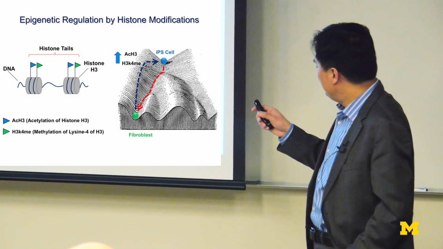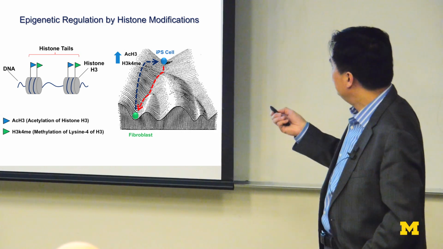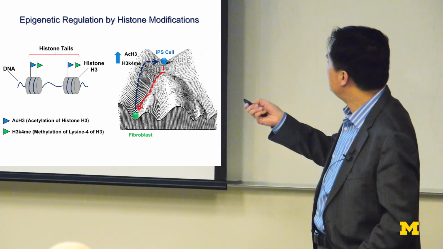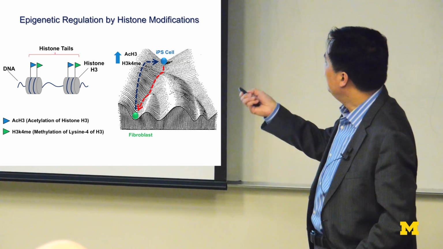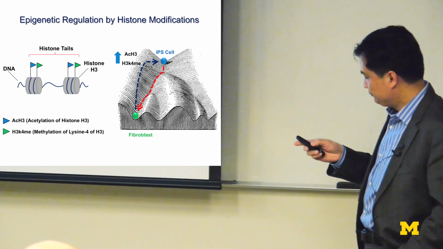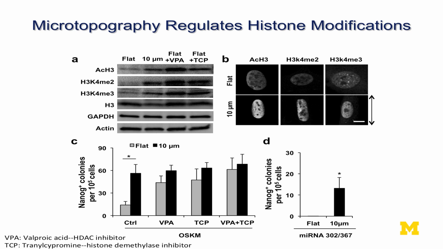So we examine whether the microgroove surface, in this case, can enhance these 2 signaling events and then regulate the epigenetic state. By using Western blotting analysis and immunostaining, indeed what we found is that here you can see the 10 micron grooves enhance the acetylation of histone and the dimethylation and trimethylation of histone 3 as well.